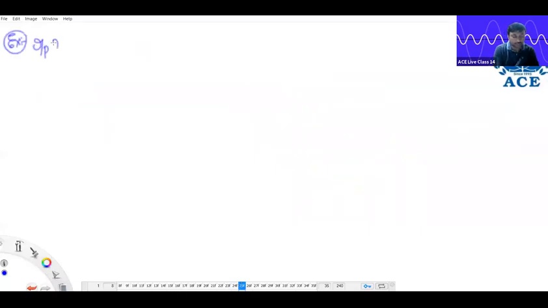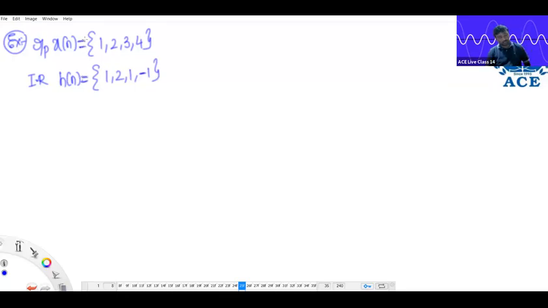Suppose our input is the set 1, 2, 3, 4, and the impulse response is the set 1, 2, 1, minus 1. How to perform convolution of these two is the question. What are the numbers actually? They are nothing but impulses.